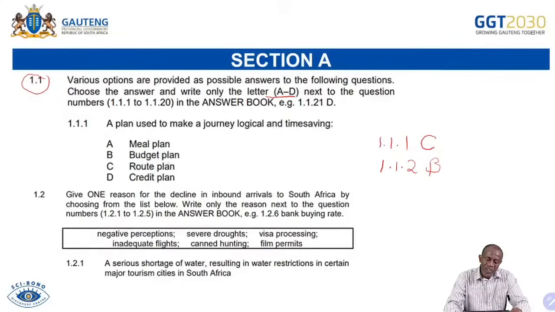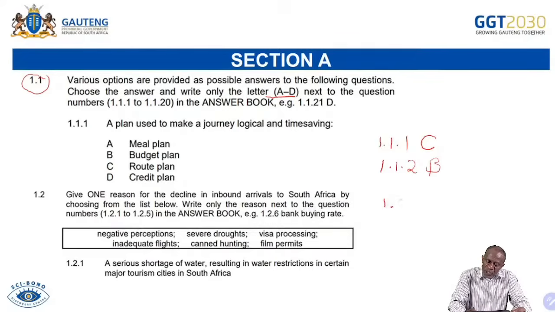1.2. Your 1.2 says, give one reason for the decline in inbound arrivals to South Africa by choosing from the list below. Write only the reason next to the question numbers. So your question numbers are 1.2.1 up to 1.2.5 in the answer book. That is what you are going to write.